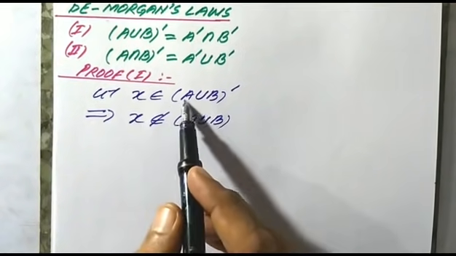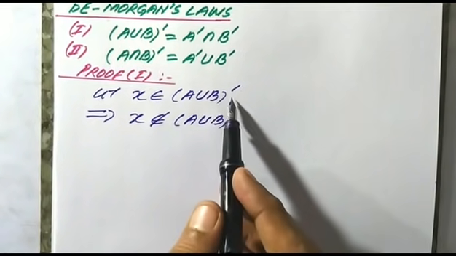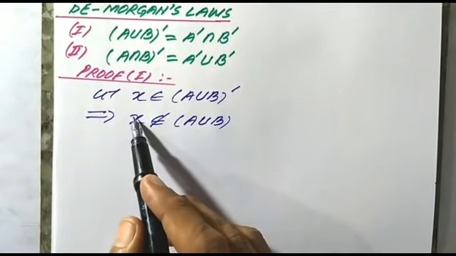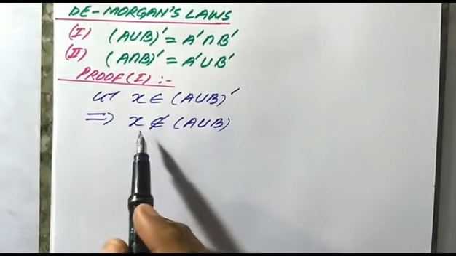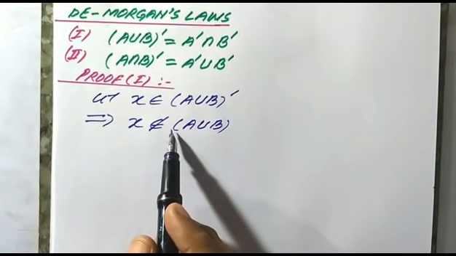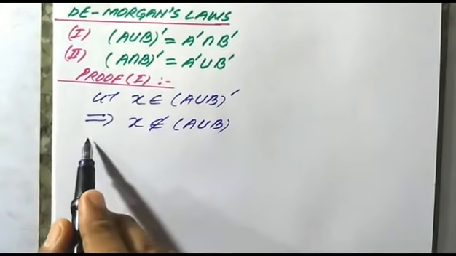So if X belongs to A union B complement, then X must not belong to A union B.